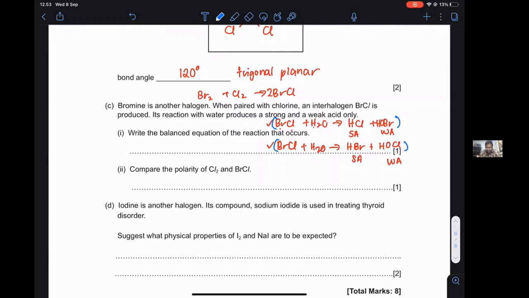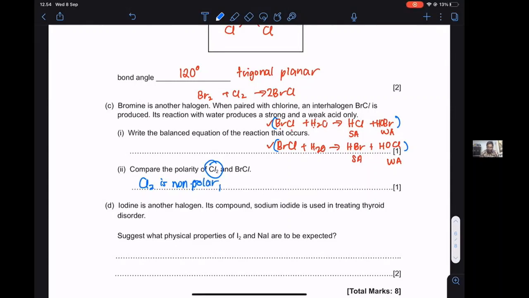Now compare the polarity. When they ask you to compare, you don't go and say that this is more polar than this. It's just going to tell that Cl2 is non-polar. When they say compare, we know Cl2 is non-polar. You write down Cl2 is non-polar. They didn't ask you to explain, so no need to bother to explain.